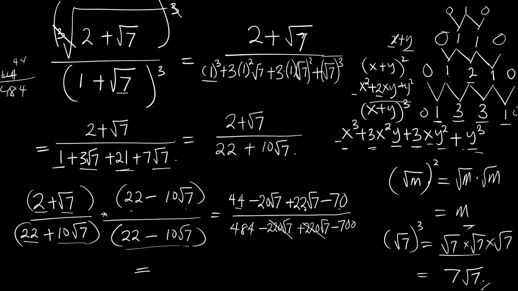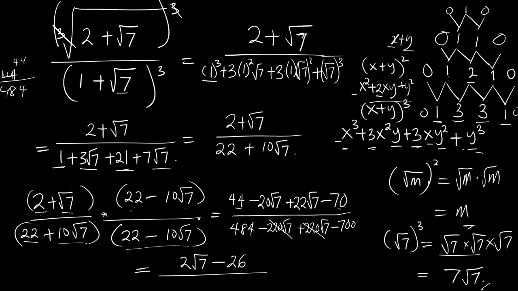Minus 20 root 7 plus 22 root 7 will give you 2 root 7. Now 70 minus 44, 70 minus 44 will give you minus what? 26. Minus 26.